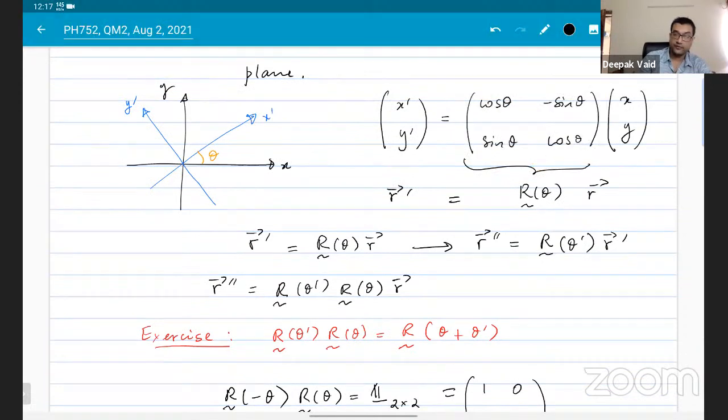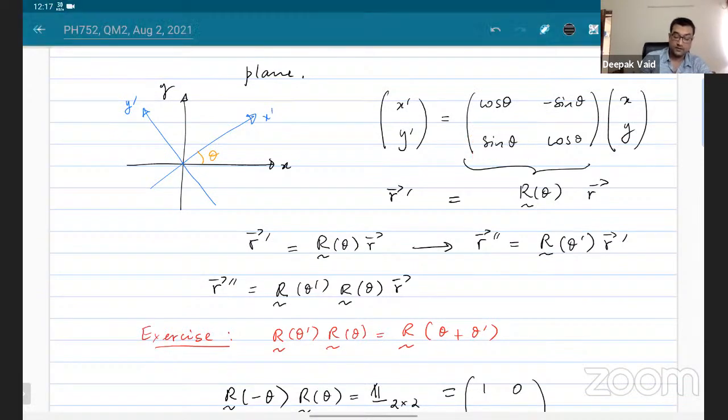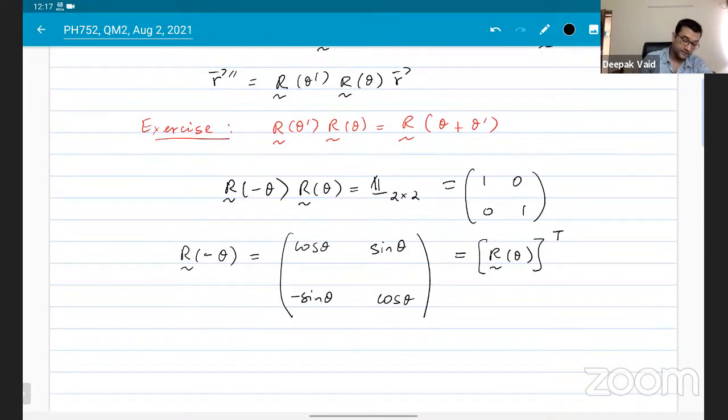If you take a transpose of this, the minus sign on this will go to the other element across the diagonal, right? And this matrix is also the inverse of the original rotation, right?